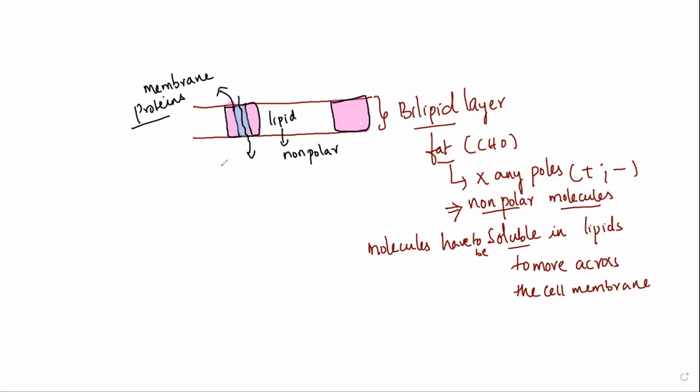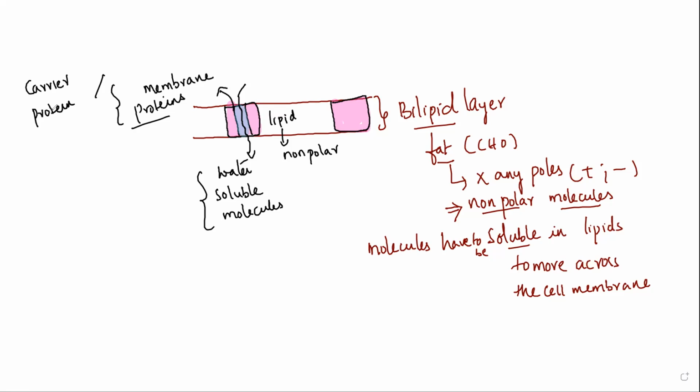So it will easily allow the water soluble things to move across, right? So the water soluble molecules can move easily from outside to inside. So this is a possibility by using the membrane proteins. We can even call these membrane proteins carrier proteins.